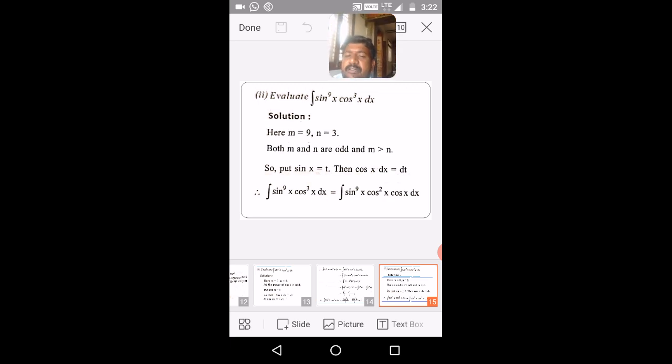Here, the integral of sin^9 x into cos^3 x dx equals the integral of sin^9 x into cos^2 x into cos x dx, since cos^3 x may be changed as cos^2 x into cos x.